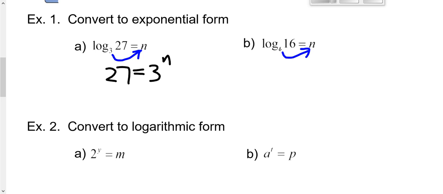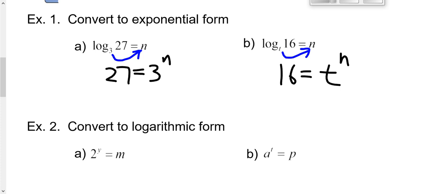So after doing that, the left hand side we would just end up with 16, and then right hand side, the base here becomes the base here on the other side, and then the n here becomes the exponent.